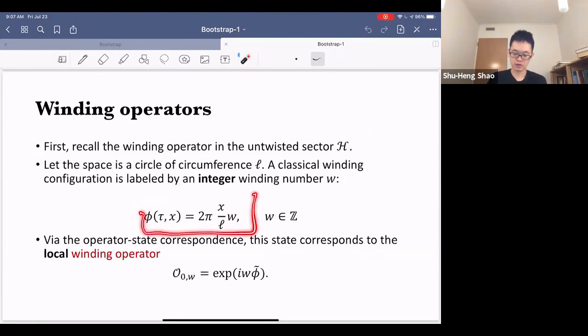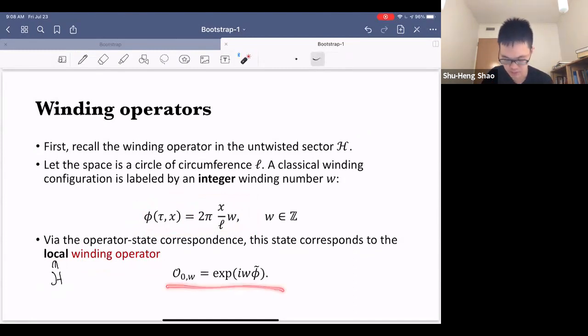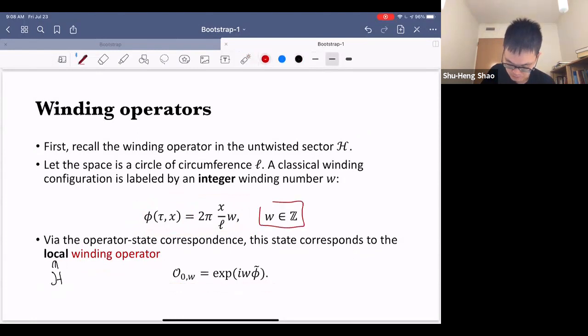This classical winding configuration then corresponds to a quantum mechanical winding state, and by the operator-state correspondence, it is mapped to a local winding operator. Here, the adjective local means that this is an operator living in the untwisted sector. And the winding operator is given by this expression with integer winding number. That's important.